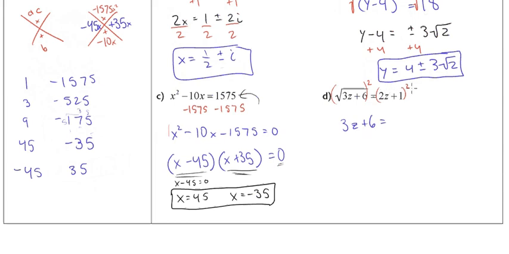Remember, this is not 2z squared plus 1 squared. The square doesn't distribute; exponents don't distribute like that. This is really 2z plus 1 times 2z plus 1.